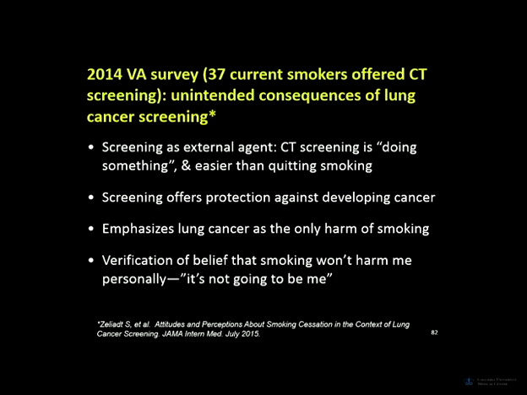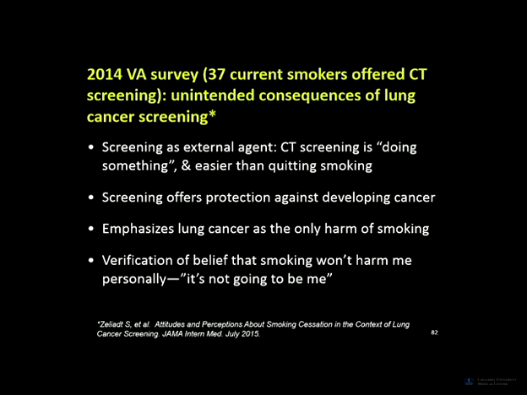So some patients saw screening as an external agent. They felt like it was something they could do to be healthier, and much easier than quitting smoking, which is very difficult to do. Okay, so something they could do. And some of them thought it's sort of like a treatment. It offers protection against developing cancer. Like you said, if you have that negative test, that means you're not going to get cancer in the future.